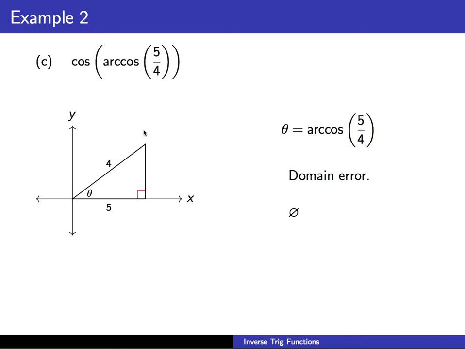So this picture could not exist in real life. There's no triangle we can draw where the hypotenuse is shorter than one of the legs. So in terms of sketches, yes, they work out, but for ones that can't exist in reality, such as this triangle, you will get a domain error, which means no solution for example 2C.